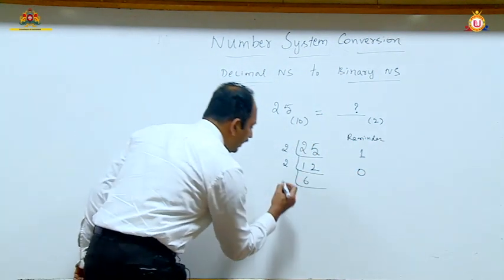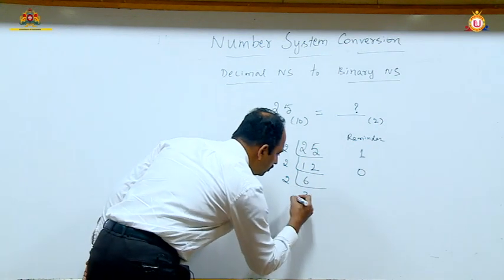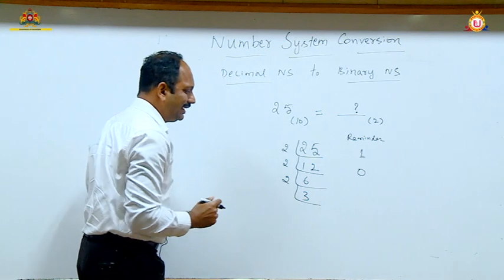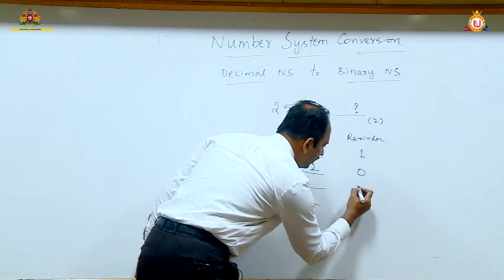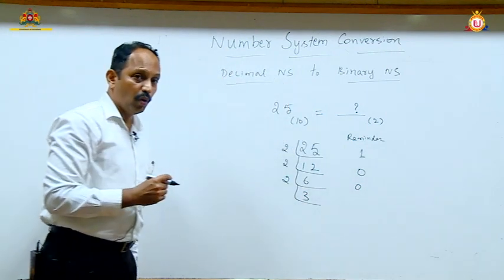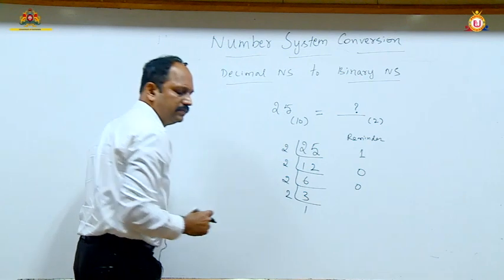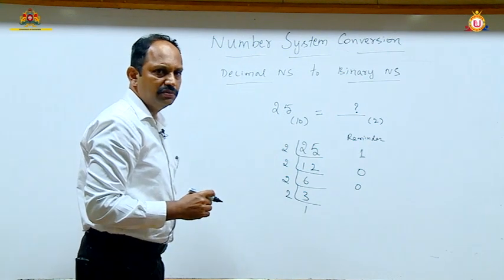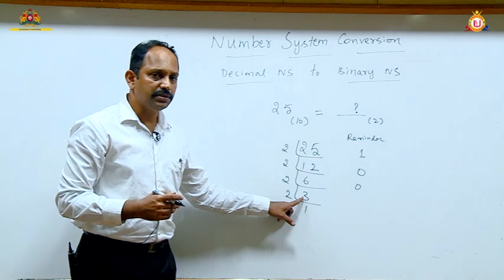Then 6 should again be divided by 2. So 2 times 3 gives 6. The difference between 6 and 6 gives no remainder at all. Then 3 divided by 2: 2 ones are 2, that is the nearest value, since 2 times 2 is 4, which is not possible.